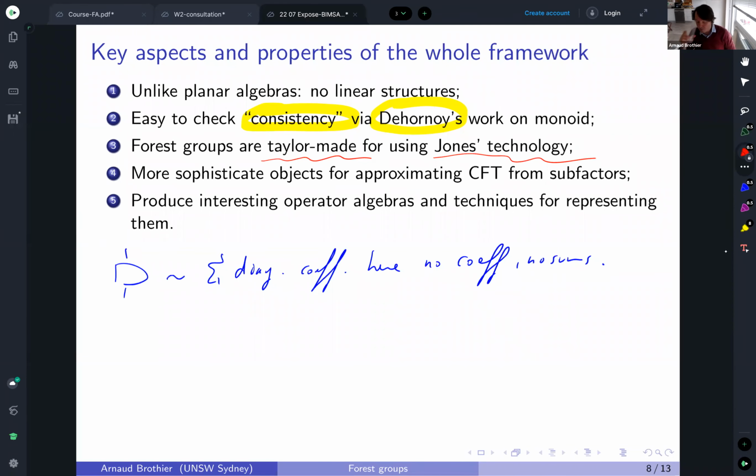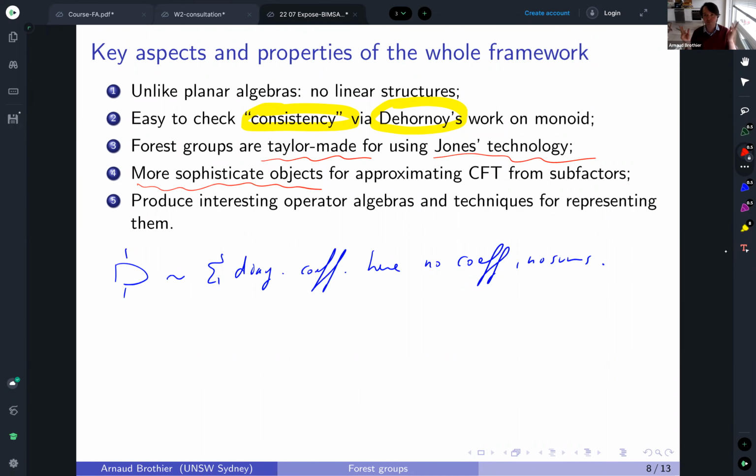And now going back to the first slide. This is completely speculating today, because so far there is nothing precise that is proven. It would give you more sophisticated groups or objects for approximating CFT with subfactors.